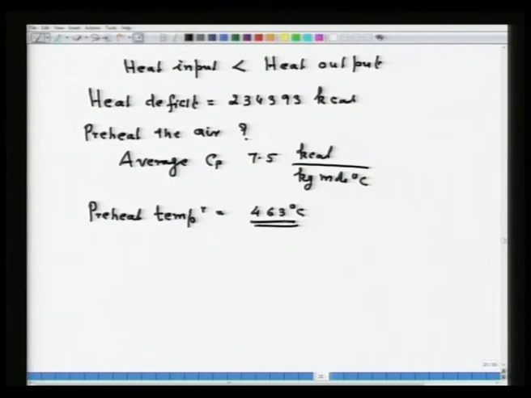That is equal to mCp delta T. So, delta T will be equal to 234393 divided by 7.5 into 71.4, plus 25. So, now this is the preheat temperature you require. That means you have to heat the air to a temperature of 463 degrees Celsius to meet the heat deficit.